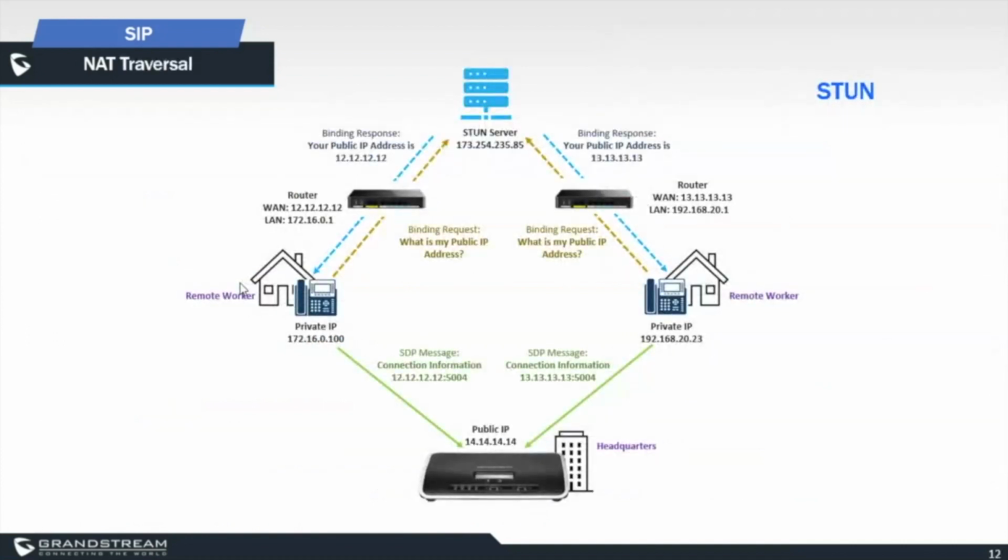The STUN server works in this way. So when you go to the IP phone and you enable STUN server, I'm going to show you later how you enable that on the IP phone. The IP phone will be configured with the STUN server. The phone is going to send a STUN message to the STUN server asking, what is my public IP address?